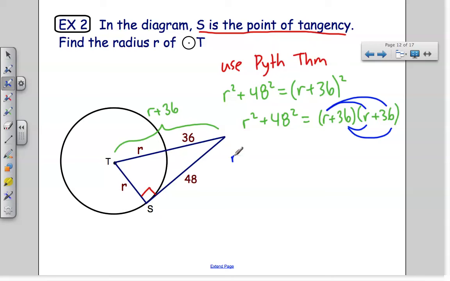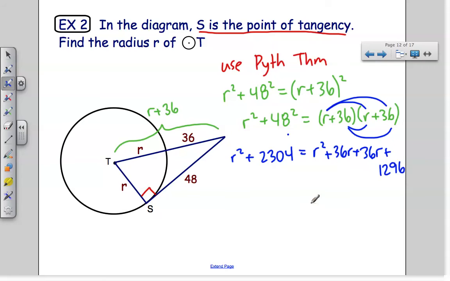Okay, so be careful. The fact that you're adding, you have to multiply it by itself and get 4 terms here. I still have my R squared plus, actually I might as well do 48 squared. I get 2,304. R times R is R squared. R times 36, 36R, and I get another 36R there. 36 times 36 is 1296.